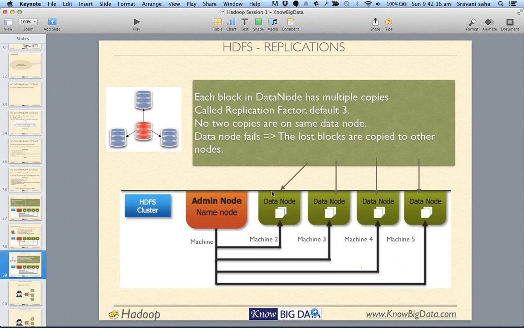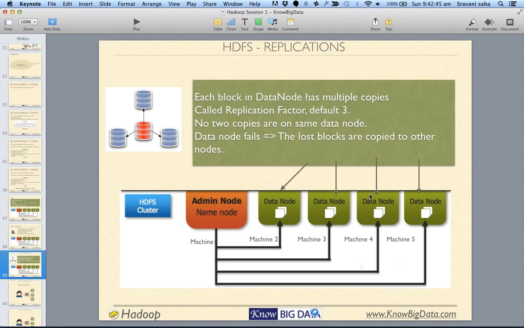So in case one of the data nodes, say the first data node, goes down, all the data that got lost here will be quickly replicated to another data node so that the replication factor of each block that got lost is again brought back to 3. The moment a data node goes down, the replication factor of the blocks which got lost has come down to 2.